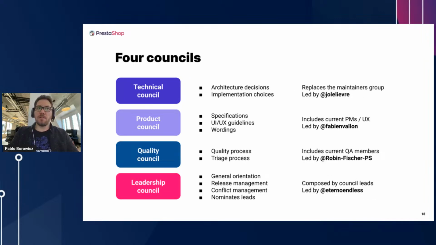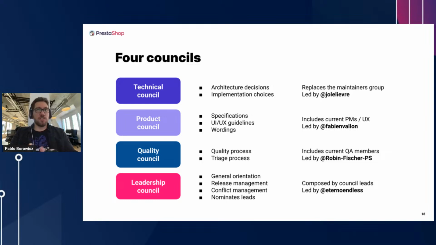So we are creating 4 councils, as I said before: technical, product council, quality council, and a new one also that is called leadership council, that basically takes over the structure that we had before for pretty much the same domain. So technical council owns architecture choices, design decisions, implementation decisions, etc. This one replaces the current maintainers group.